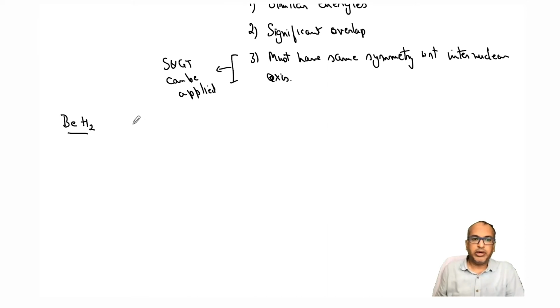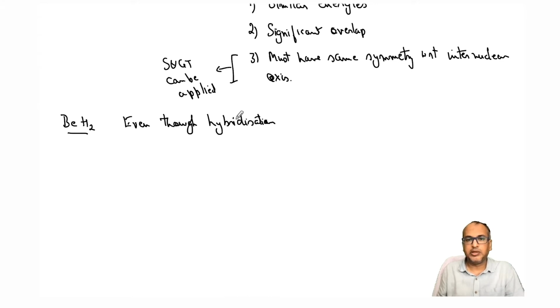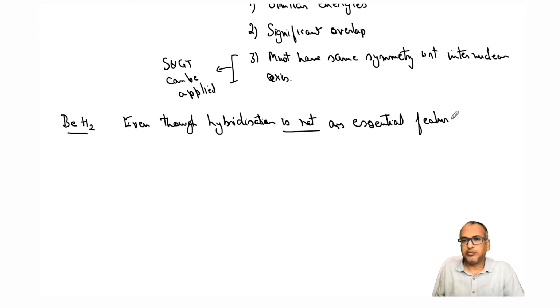Now one important point is that hybridization of the central atom, in this case the central atom is beryllium, hybridization is not, I will underline this, not an essential feature of the MO approach, right?